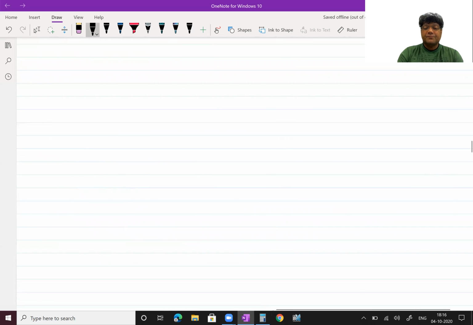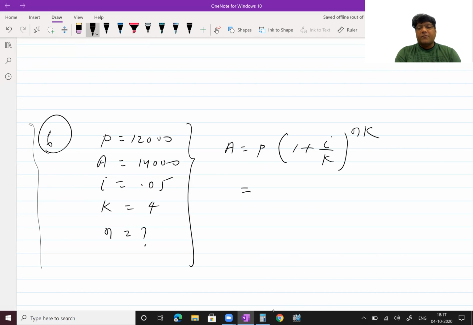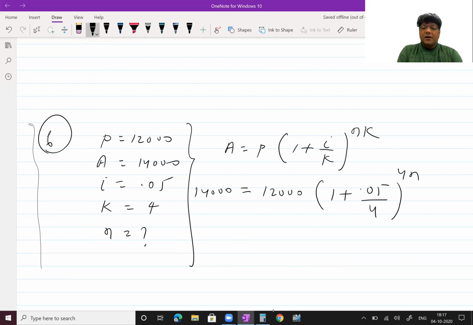Look here. Put in the formula. Your formula is A is equal to P into 1 plus I by K to the power Nk. That's the formula, no? If K is equal to more than 1. If K is equal to 1, you'll put 1, it will be your normal formula, 1 plus I to the power N. So your A is 14,000, P is 12,000, 1 plus 0.05 by 4 to the power N into 4, that is 4N.